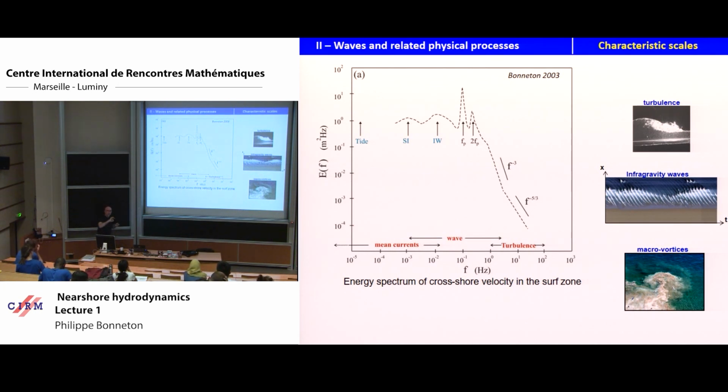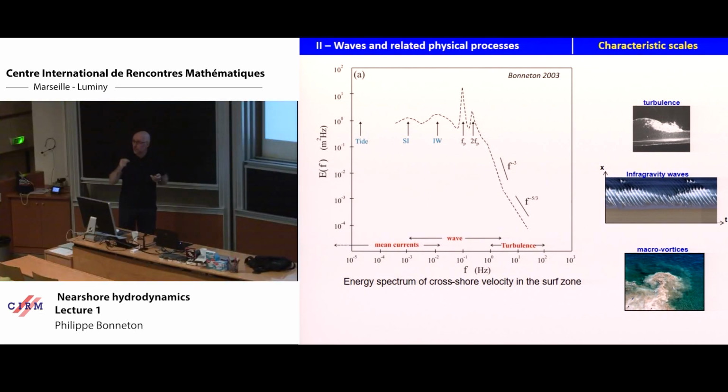You consider cross-shore velocity from relatively high frequency measurements in the surf zone, and you can see an energy spectrum. The highest energy peak is of course related to wind-generated waves, with a characteristic period of about 10 seconds. Everybody knows such a process. So with a frequency of 0.1 Hertz.